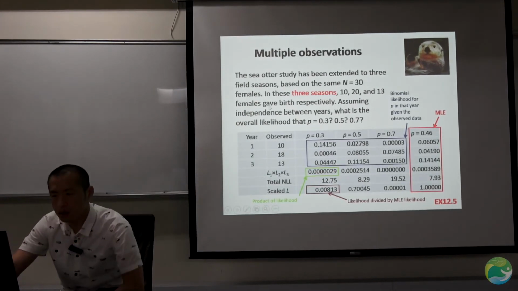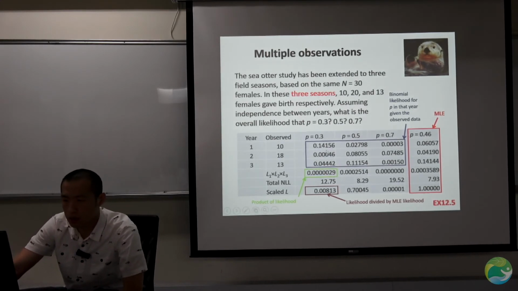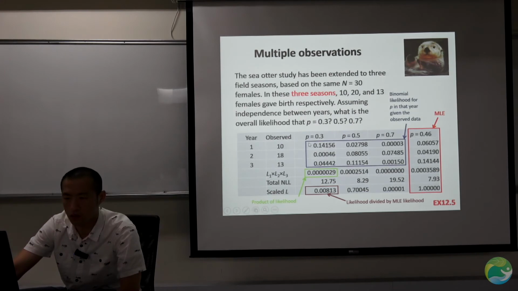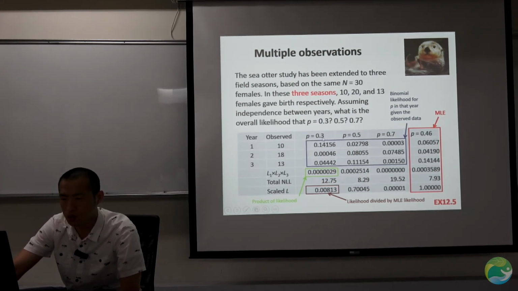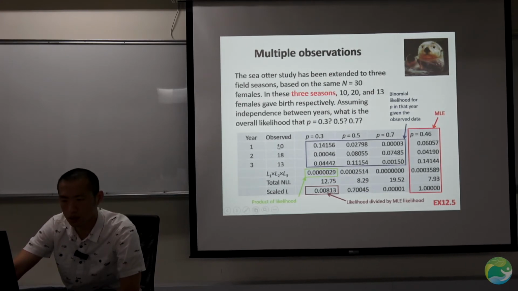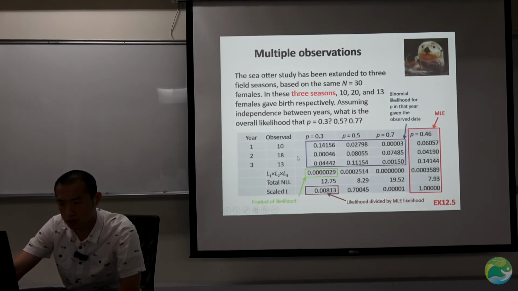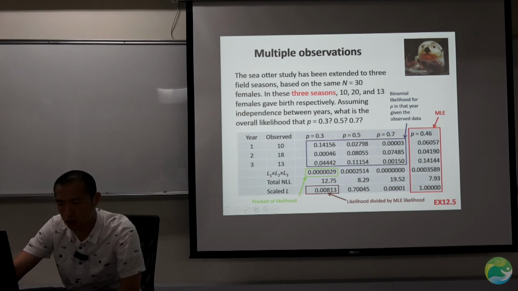So here we can have the PMF for P equal to 0.3 for this first data set, this second data set, and the third data set.